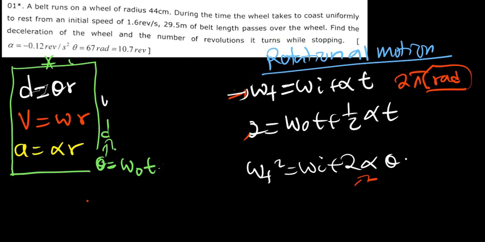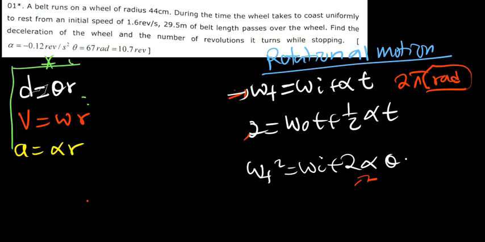Okay. So like I've said, these three formulas which I've just put here are very, very important. There is no test without using these formulas. It's not possible. If you are writing an exam and you come out of the exam, you have chosen the question for rotational motion and you have not used these formulas, then you should consider that you have made a mistake.